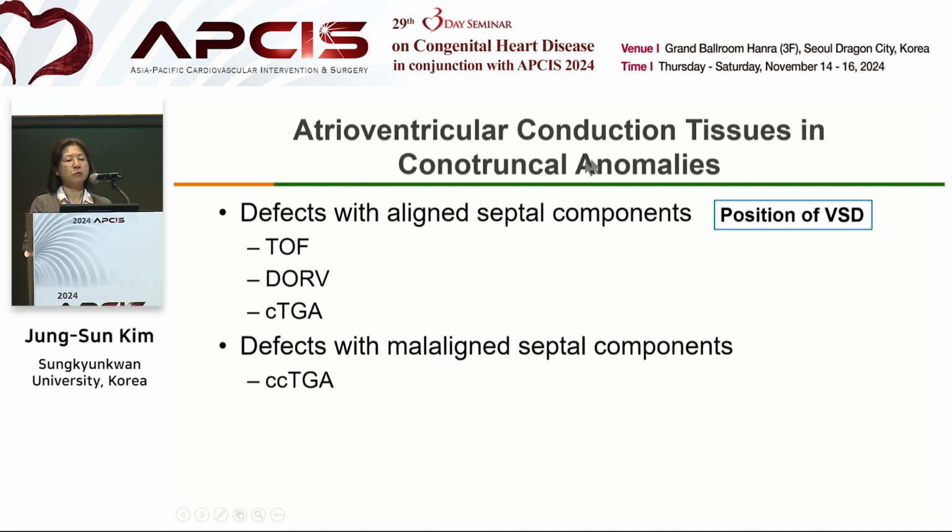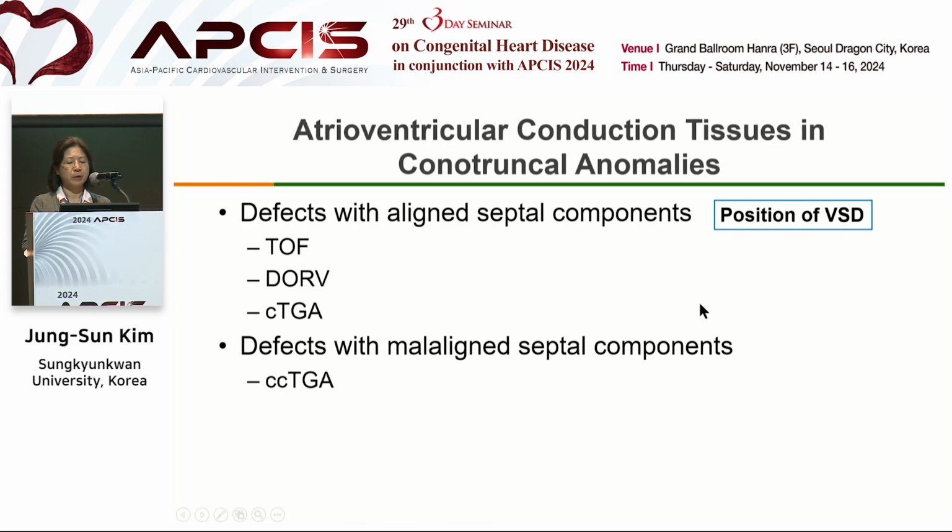Concerning the location of atrioventricular conduction tissue, conotruncal anomalies may be divided into those with aligned septal components and those with malaligned septal components. In the case of aligned septal components, the location of atrioventricular conduction tissue depends mainly on the position of the ventricular septal defect, rather than the individual type of conotruncal anomaly.